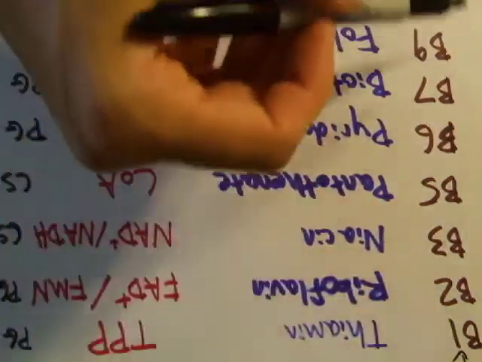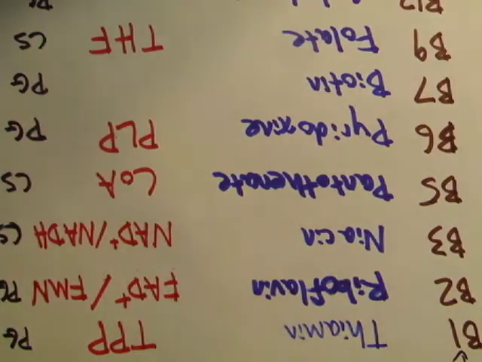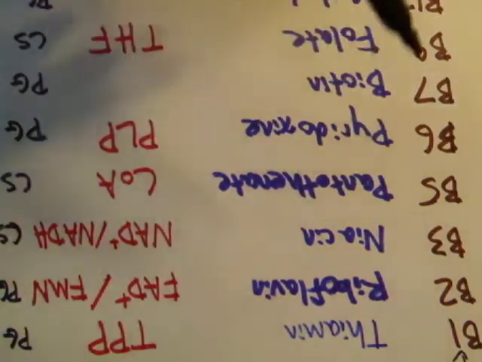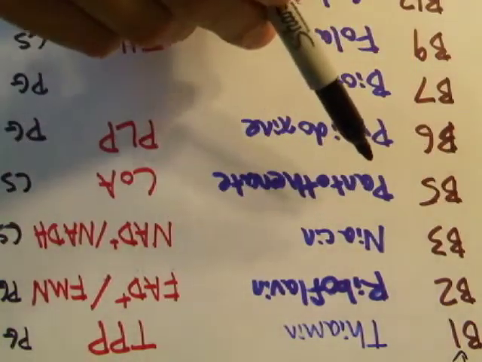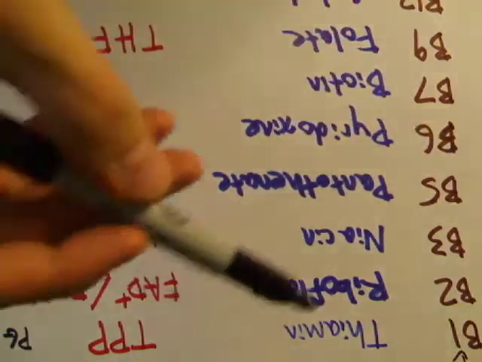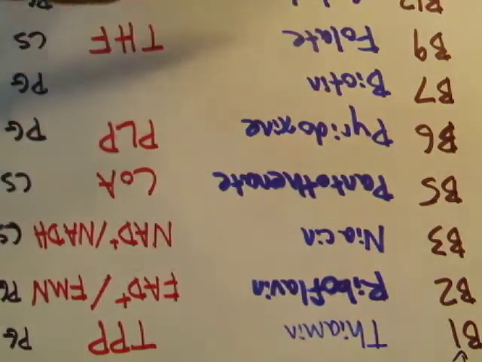You don't need to know those B vitamins, but I found it's extremely helpful for abbreviations. So as you're making notes, rather than write out niacin every time, you can try out B3. Or rather than pantothenate, you can try out B5. So I think this really helps the shorthand and the studying and the memorization. But again, the brown is totally optional.